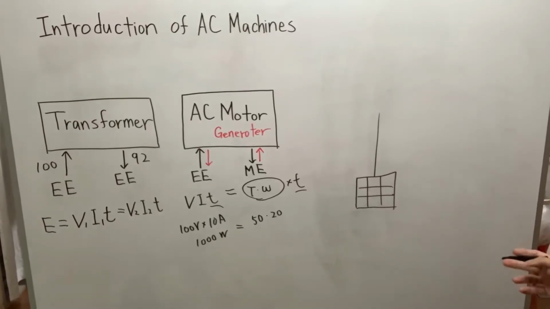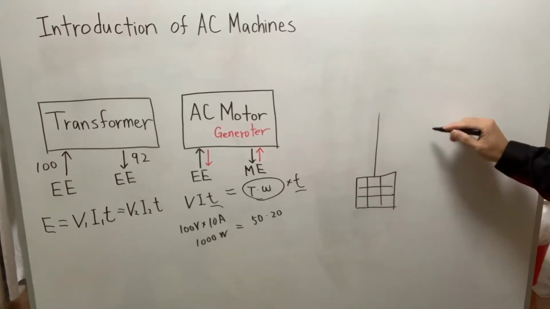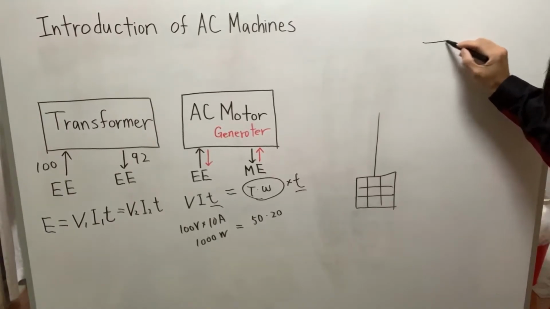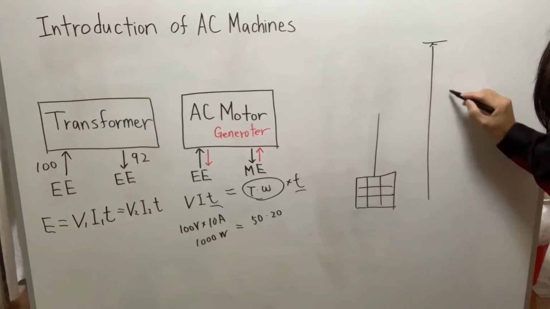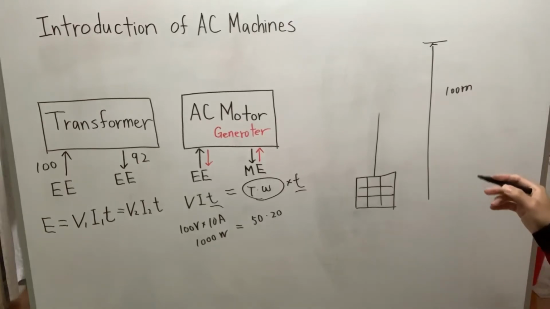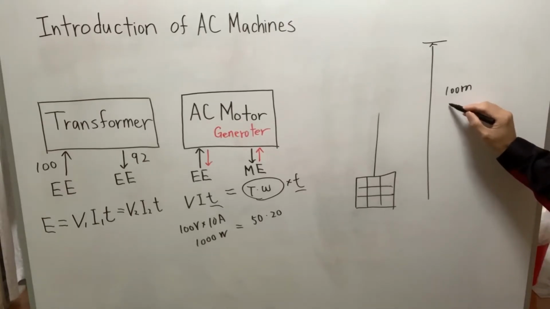So 5 times 20 is 100 meters. So we need to transport it 100 meters within 2 minutes.